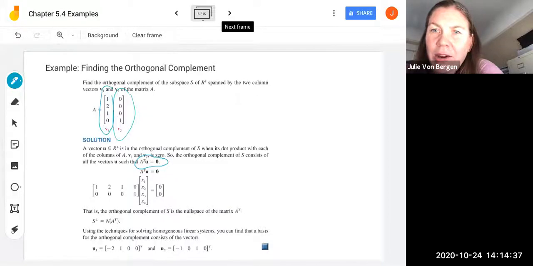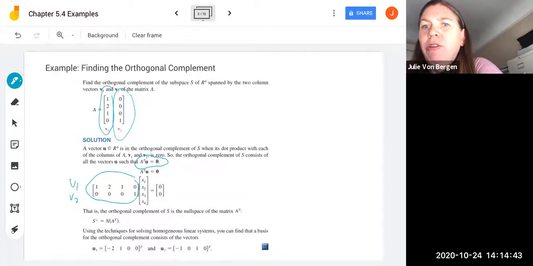Here are the vectors v1 and v2 in matrix A. I transposed it, so that's why we've got row vectors instead of columns. This is A transpose here. And here's u.